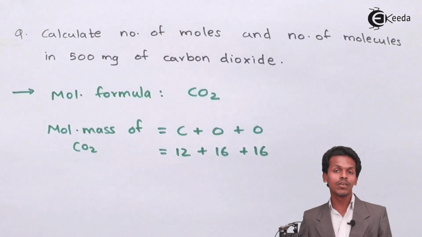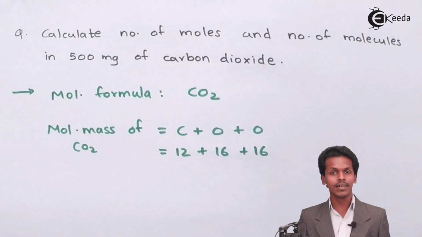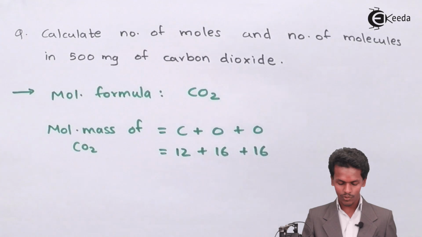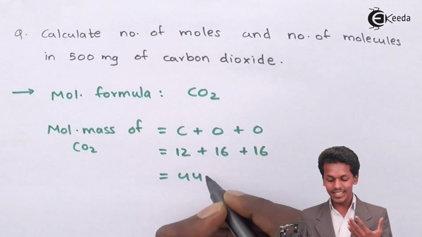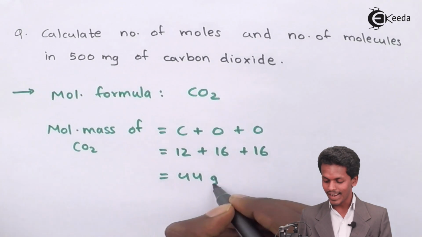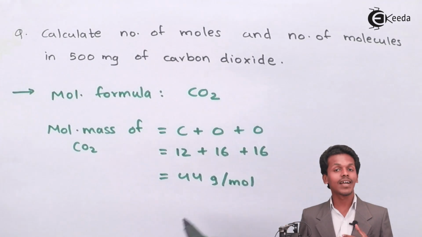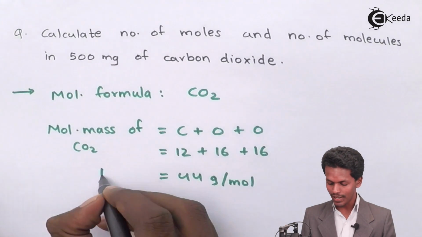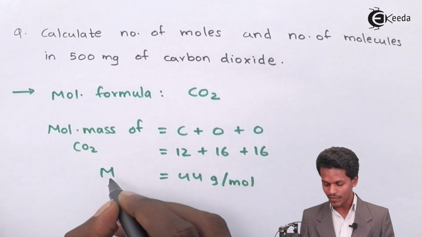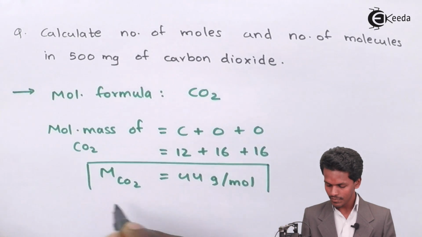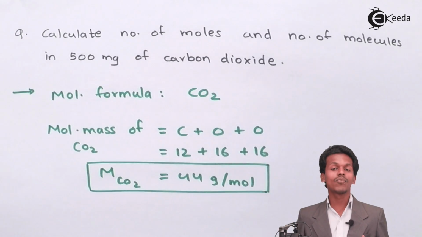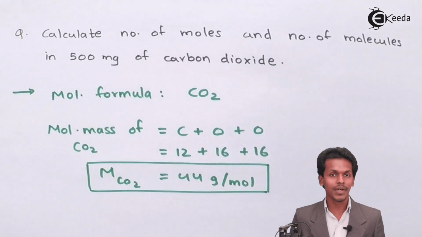If I sum up all these numbers, the answer is 44, but since it is molar mass, it is 44 gram per mole of carbon dioxide. So this is the molecular mass of CO2 that I have calculated.